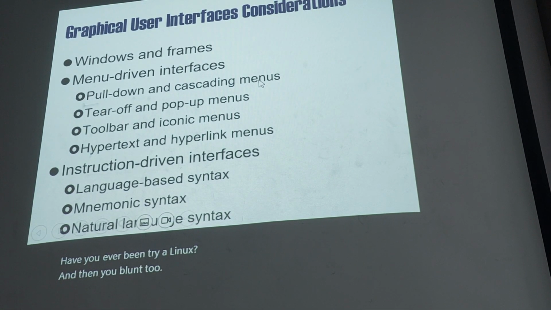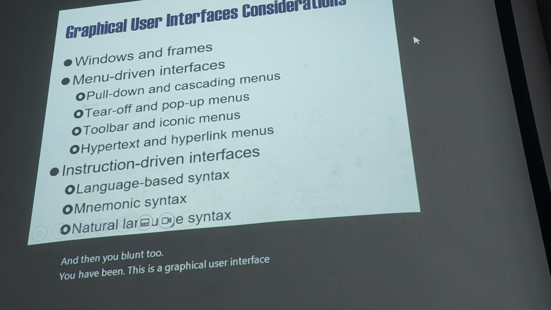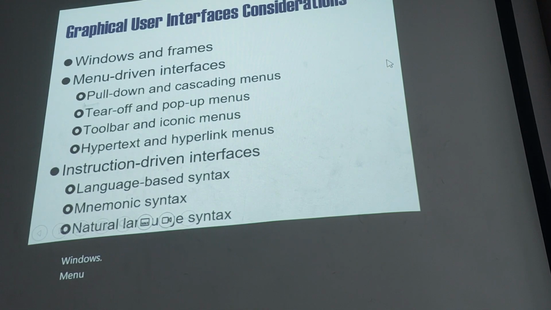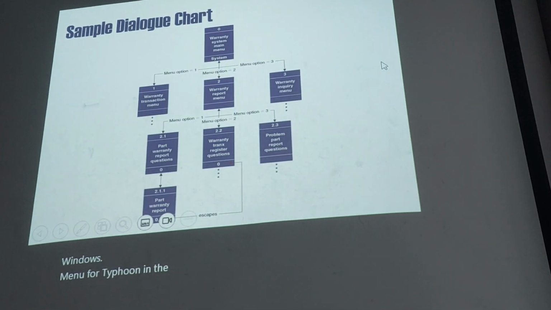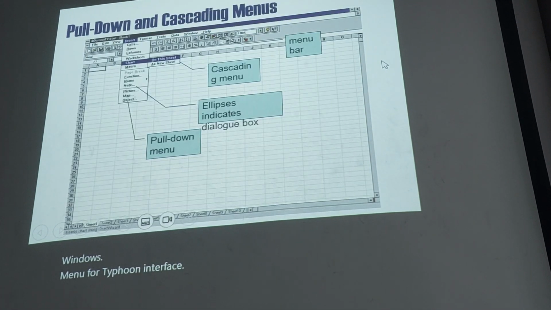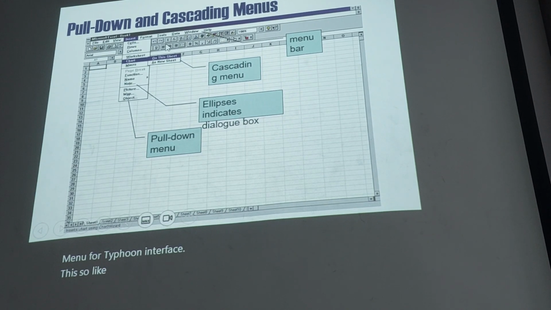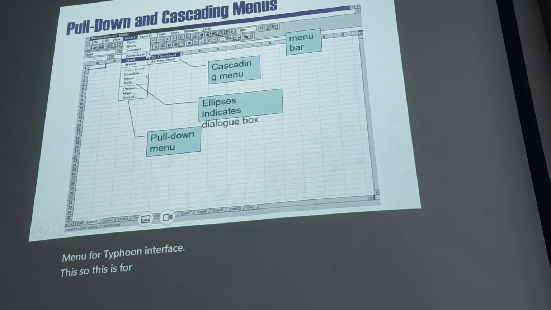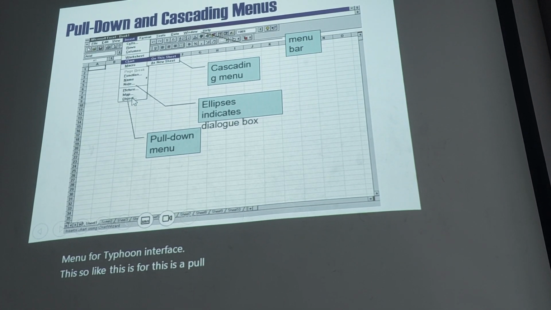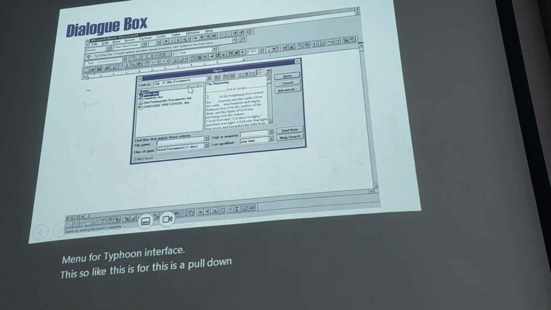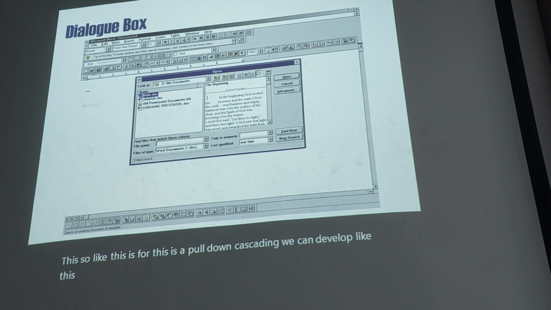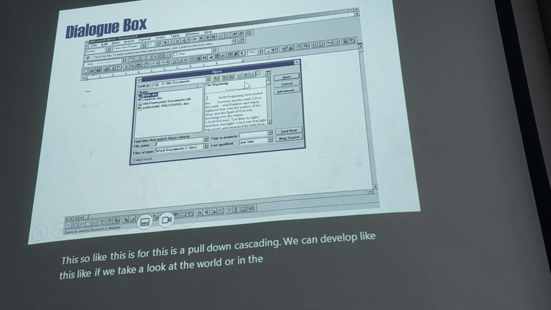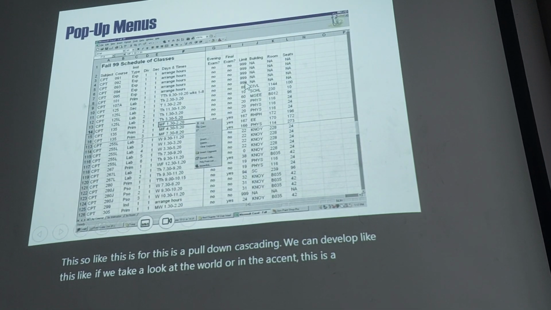This is the graphical user interface consideration. Windows. Menu and icon interface. This is a pull down, cascading menu. We can develop it like this, like if we look at Word or Excel. This is a pop up menu.